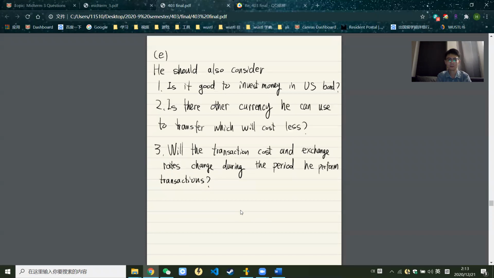And so for problem E, what should we consider? First, the problem says that investing money in the US bond is safe in the current market, but is it really a good plan or a safe plan, or do we have better plans?